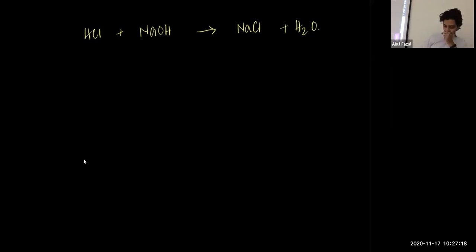So the equation for the reaction going on in the conical flask right now is hydrochloric acid reacting with sodium hydroxide to produce sodium chloride, salt, and water. Let's say in our particular example, you had 100 molecules of acid present.